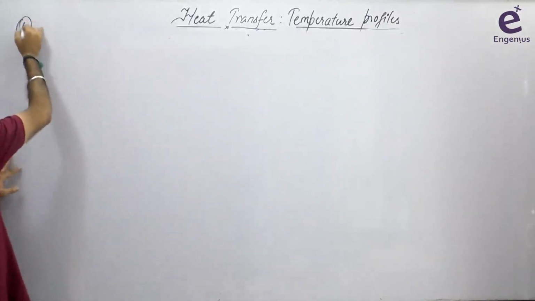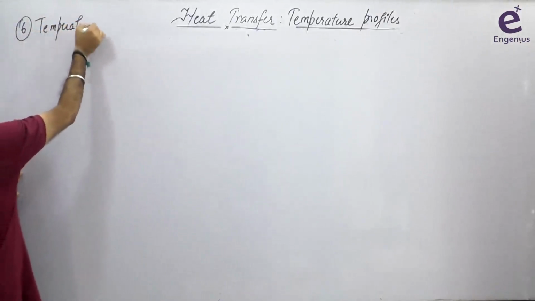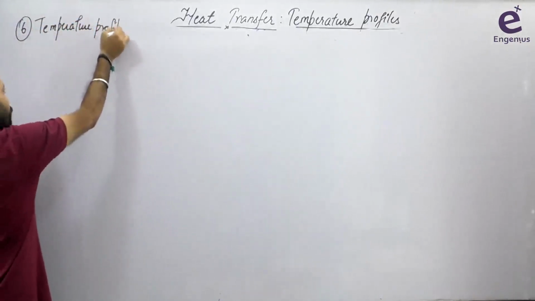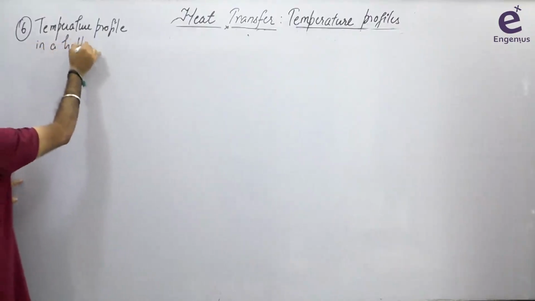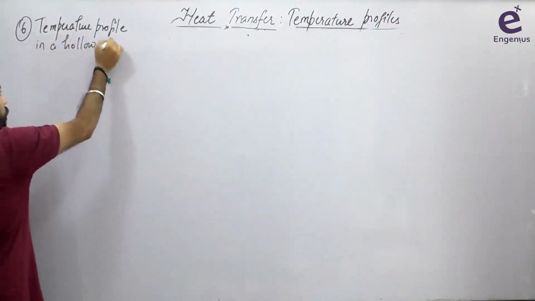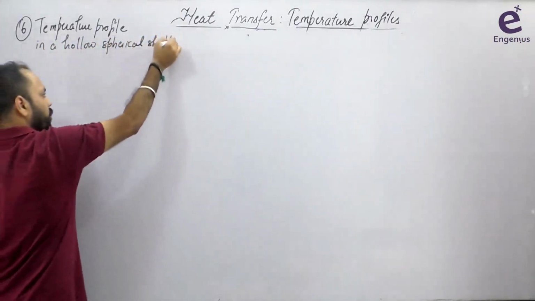Sixth is temperature profile in a hollow spherical shell. Again the same four assumptions, 4 or 5 whatever, right?